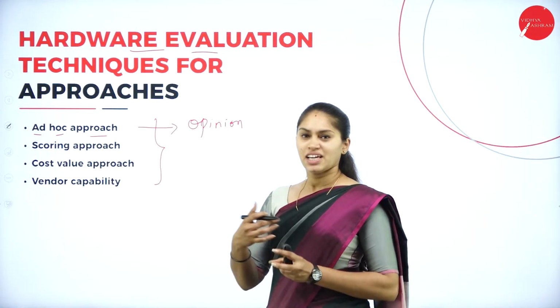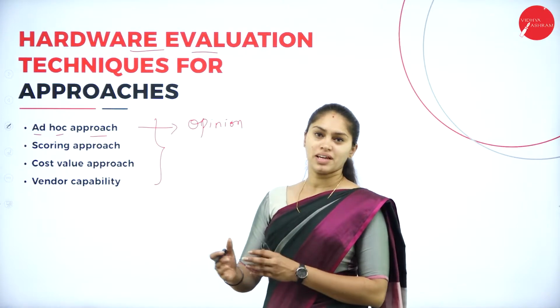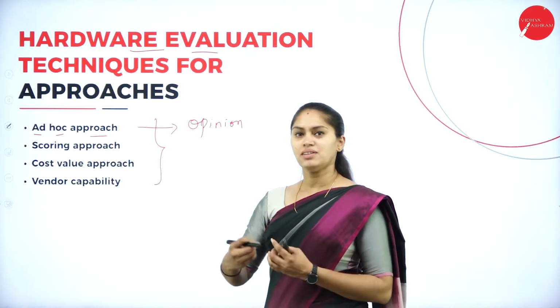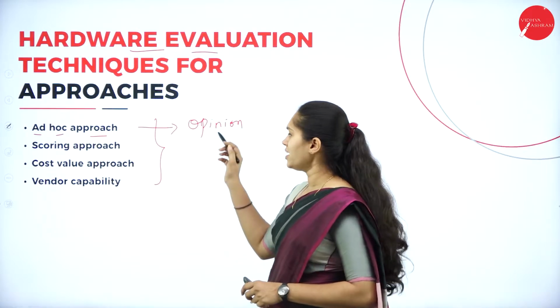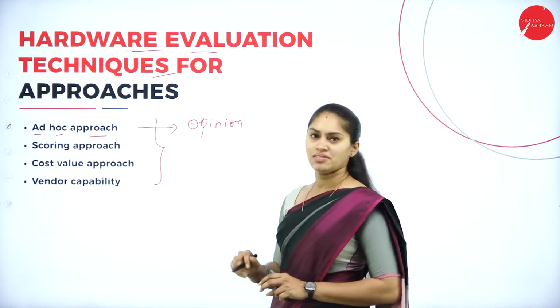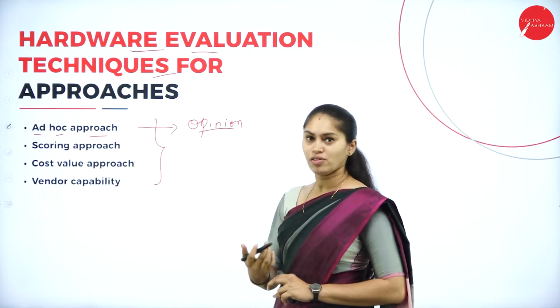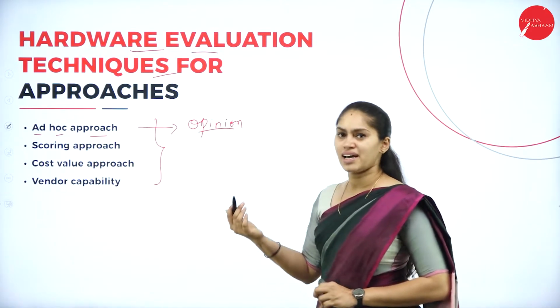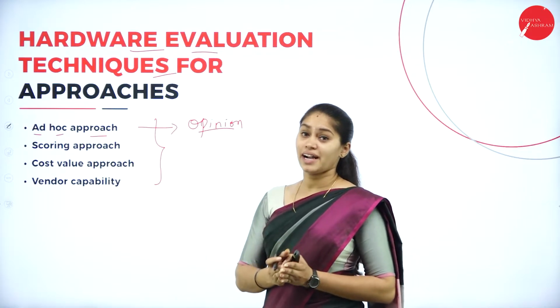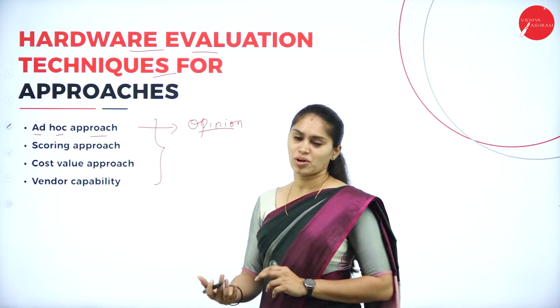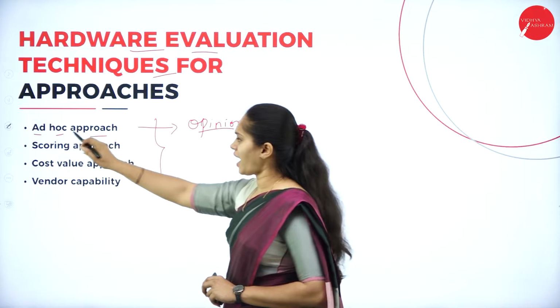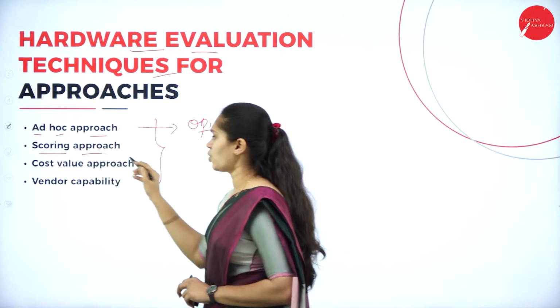For example, if someone is saying yes, this mobile is working fine and these features are fine, then we will go with that. In the same way, if I want any hardware devices for my information system, then I will take the opinion of others. Somehow it could be biased in nature. They might hide some features which are not working properly. So that is related to the ad hoc approach.